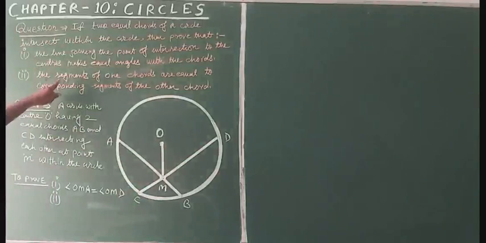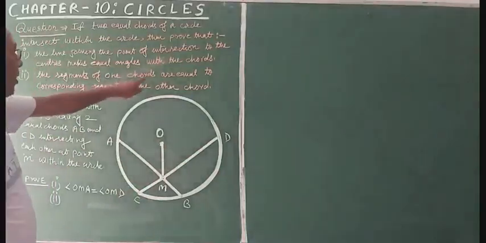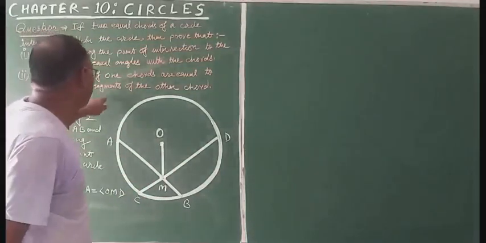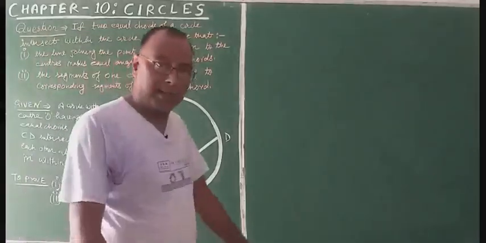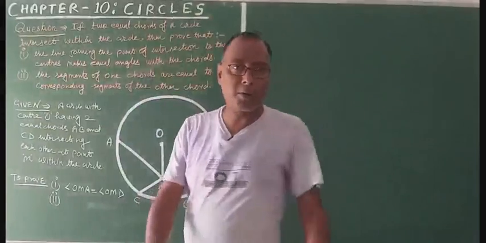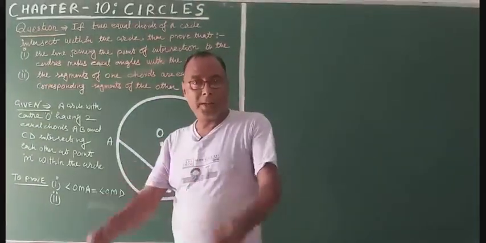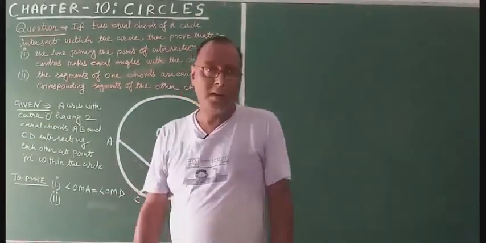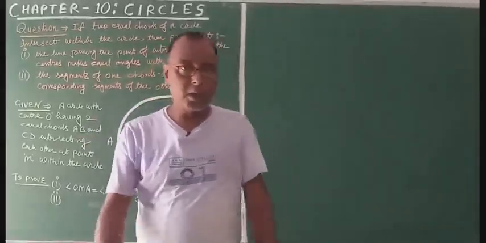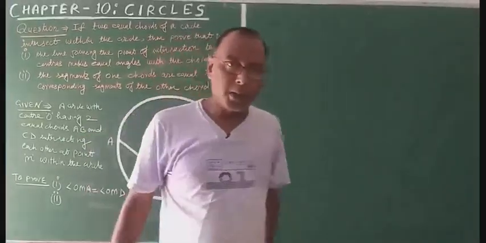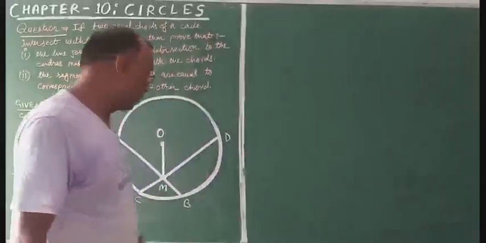What is the question? To prove that the segments of one chord are equal to the corresponding segments of the other chord. Meaning, the larger segment of one chord is equal to the larger segment of the other chord, and the smaller segment of one chord is equal to the smaller segment of the other chord. So what we have to prove?